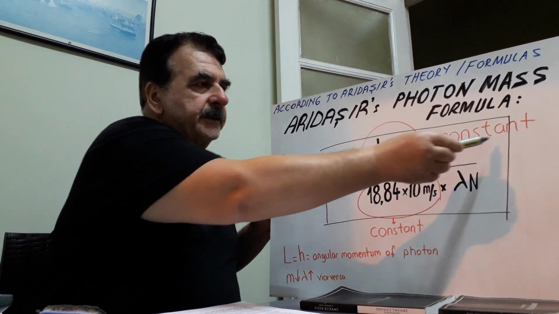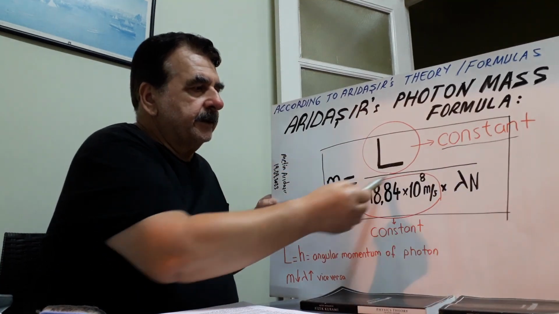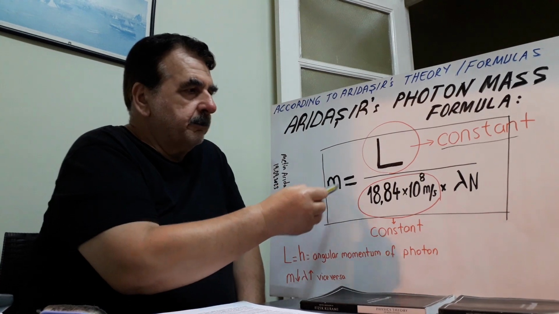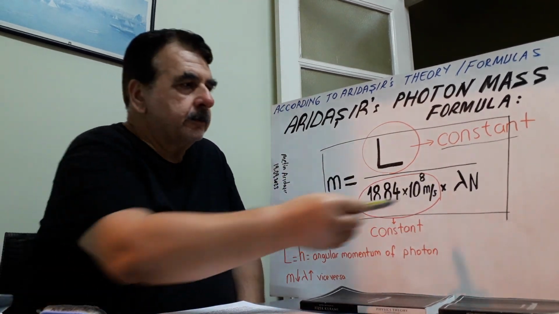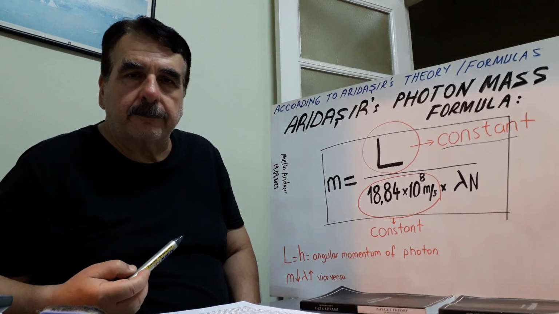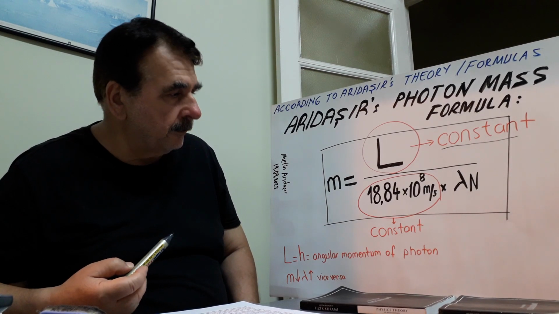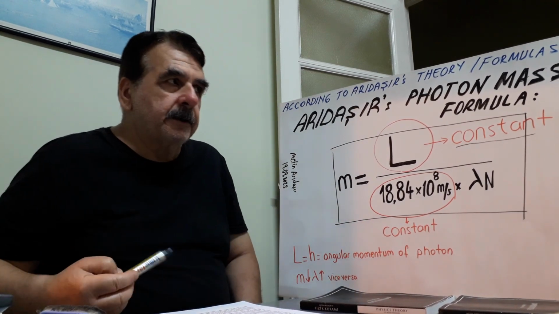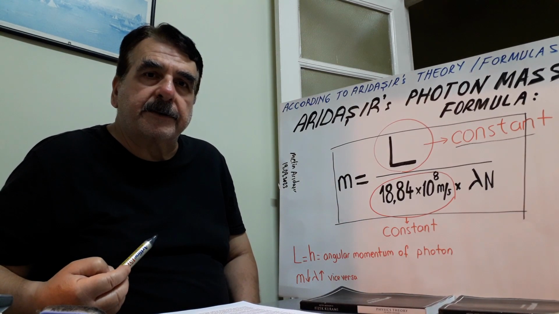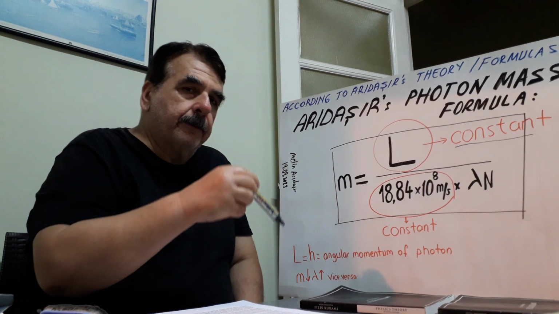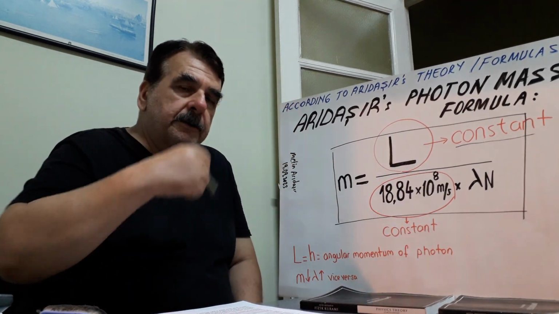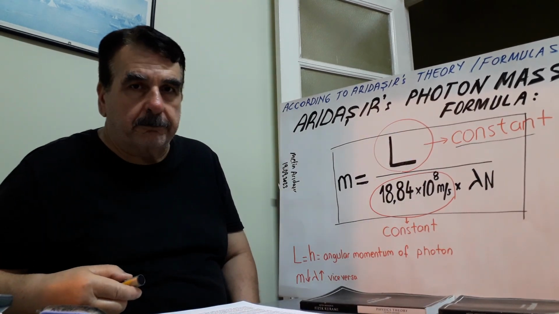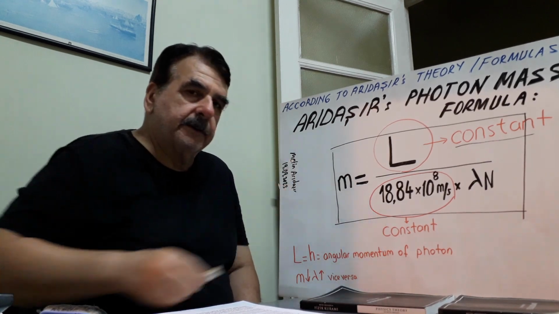This is constant. Okay. Mass is inversely proportional to the wavelength of the electron motion form. And this is my photon mass formula for angular motions of electron motion forms, linear velocity component mass.